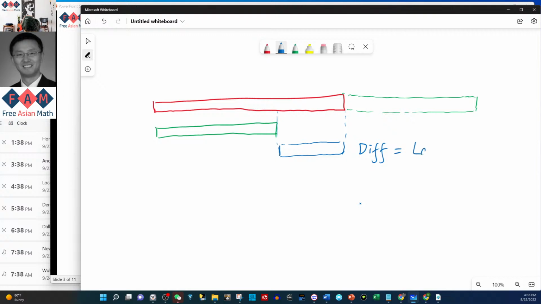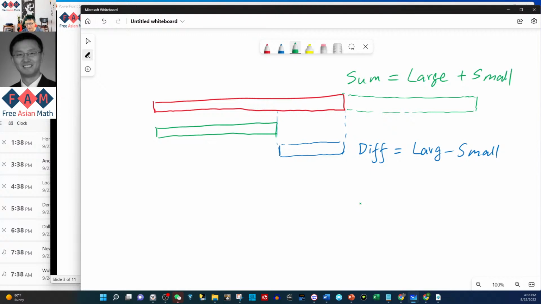Let's call this the difference between the large minus the small, right? And the top one, the total combination, we can write as the sum, large plus the small.